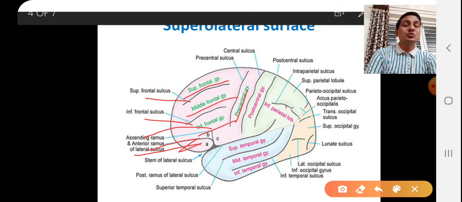Now this is the superior lateral surface. Then the temporal lobe.